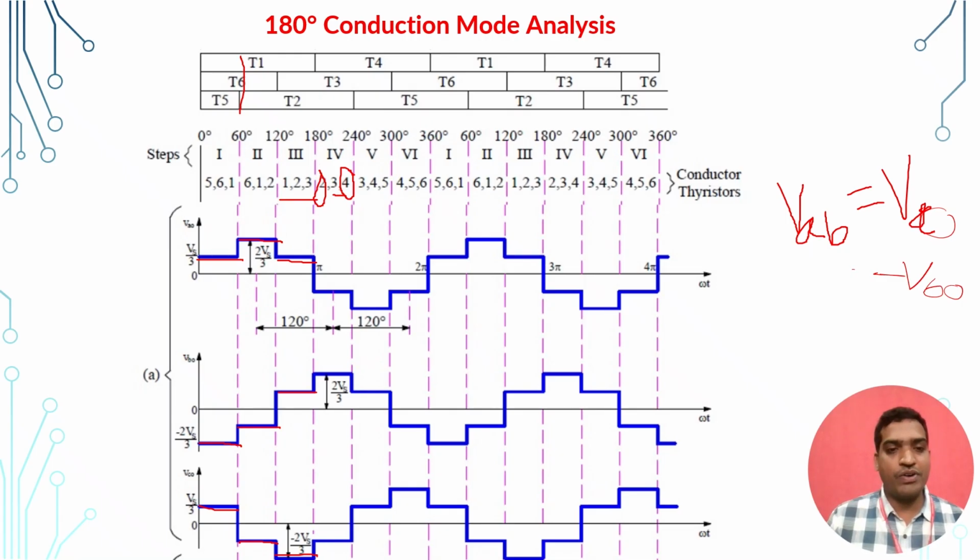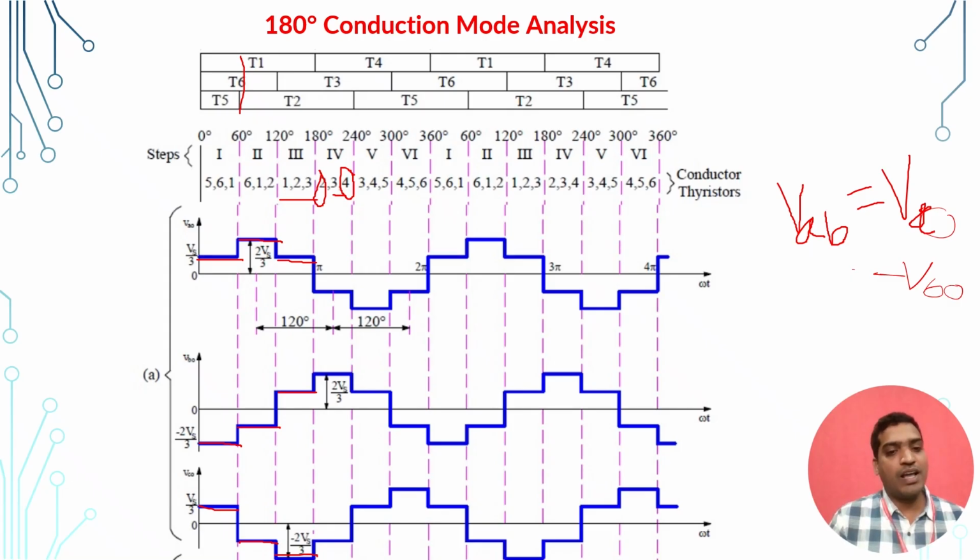So if I want to find the line voltage, that is VAB, what we have to do is take VA0 minus VB0. For example, VA0 we have Vs by 3, and VB0 we have minus 2 Vs by 3.